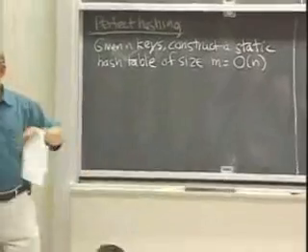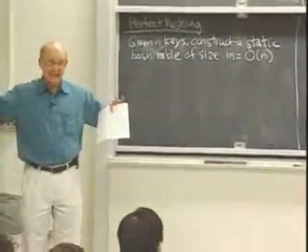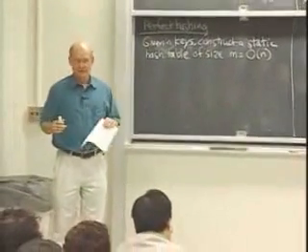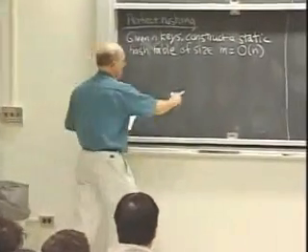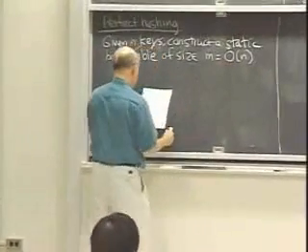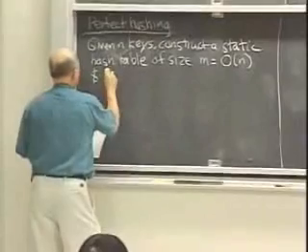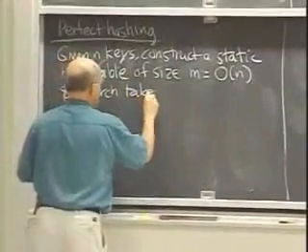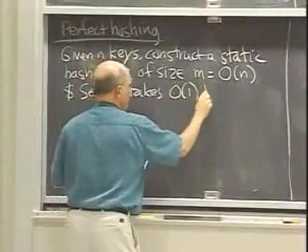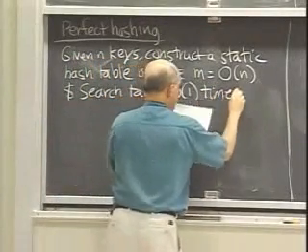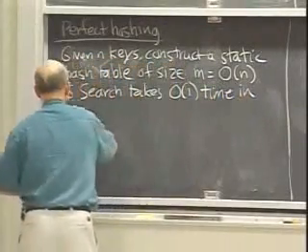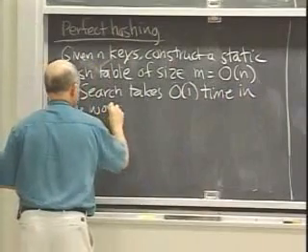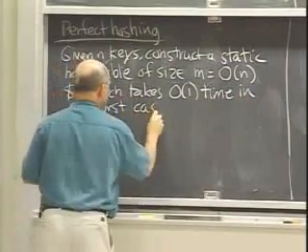So I don't want it to be a huge table. I want it to be a table that is the size of my keys. Table of size m equals order n, such that search takes O of 1 time in the worst case.